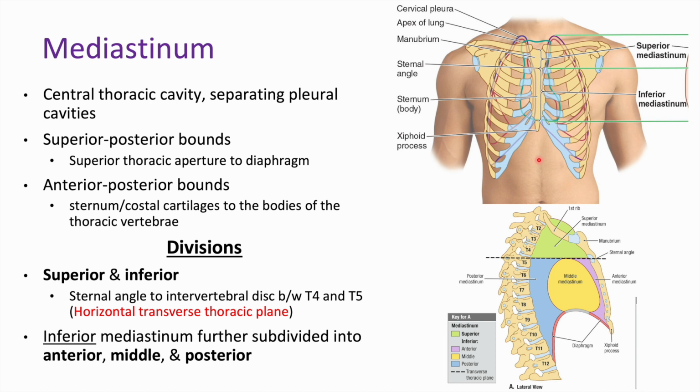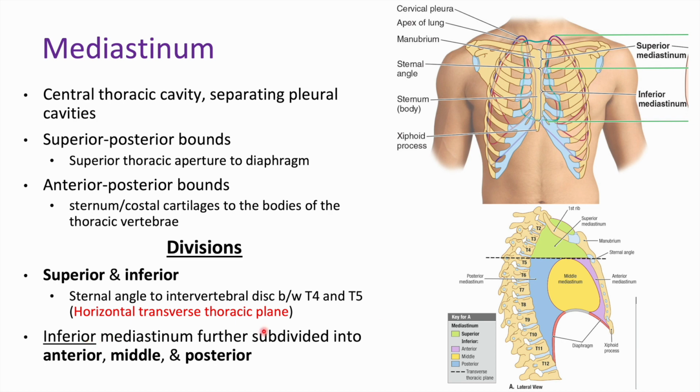And it's going to be horizontal. And so let's name that accordingly. Let's name it the horizontal transverse thoracic plane. And that's going to travel from the sternal angle to the intervertebral disc between T4 and T5. That's going to divide our superior mediastinum and our inferior mediastinum.